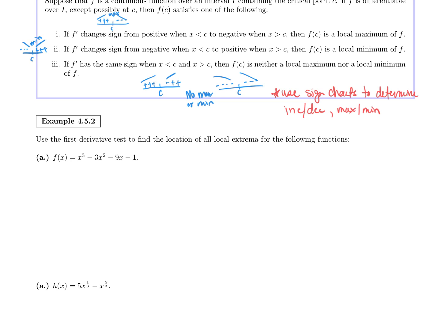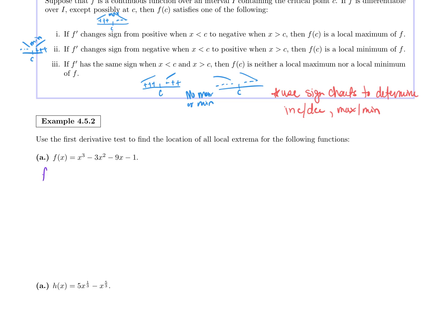And let's look at example 4.5.2, which says, use the first derivative test to find the local maxes and mins for the function f of x equals x cubed minus 3x squared minus 9x minus 1.